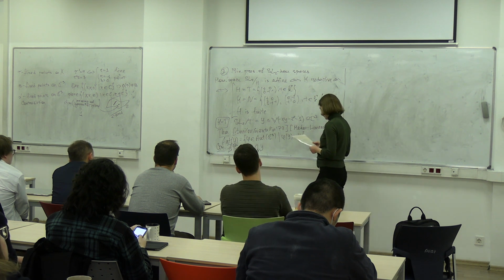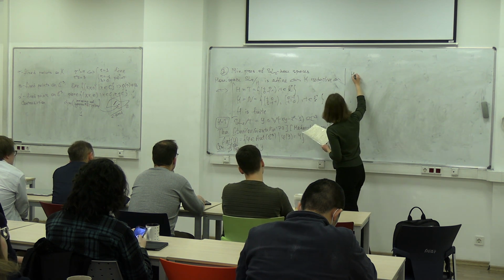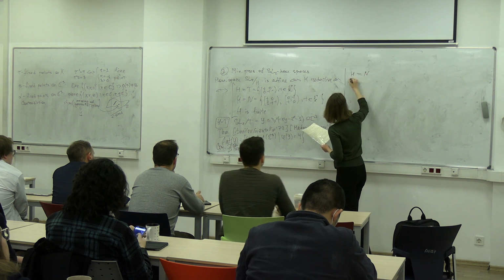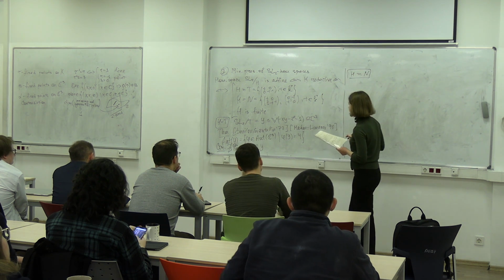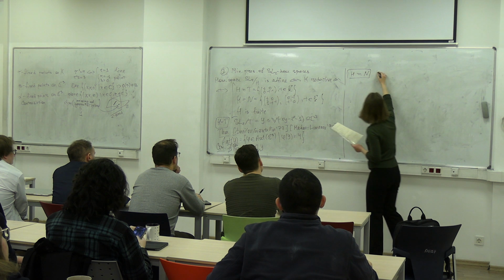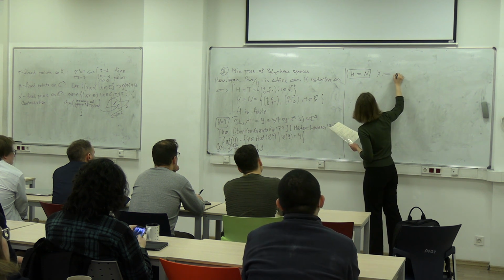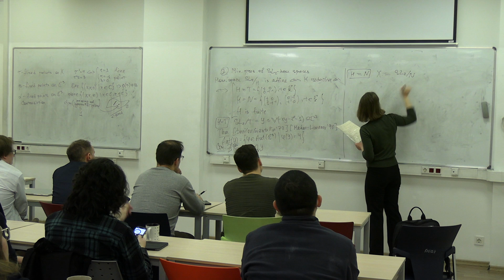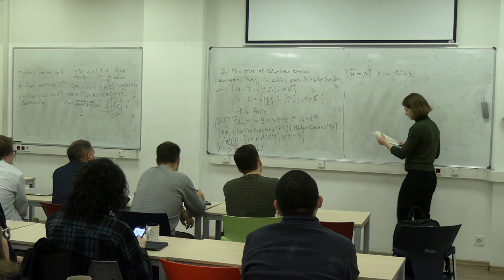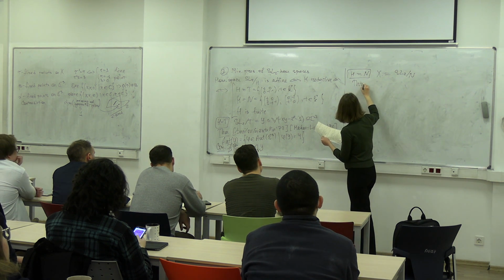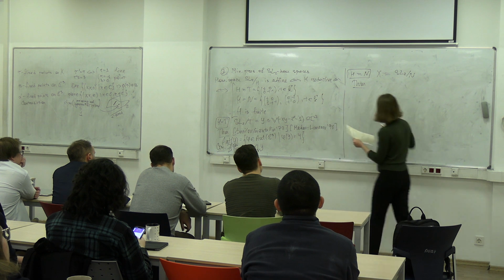Okay. And the case where H equals the normalizer of the torus was discussed last time. Here we denote by X the homogeneous space SL2 by N. And let me just formulate a theorem which Polina proved last time.